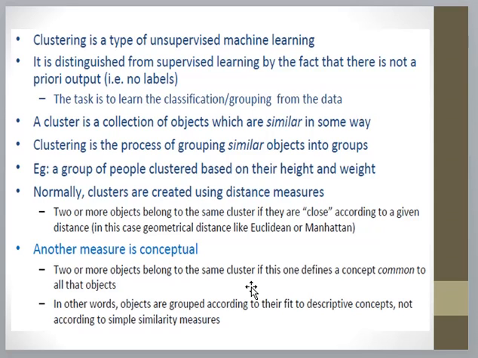In other words, objects are grouped according to their fit to descriptive concepts, right? So we will have a conceptual mechanism, and we will see which objects are being fitted to that concept, and on the basis of that we can also create groups or clusters.